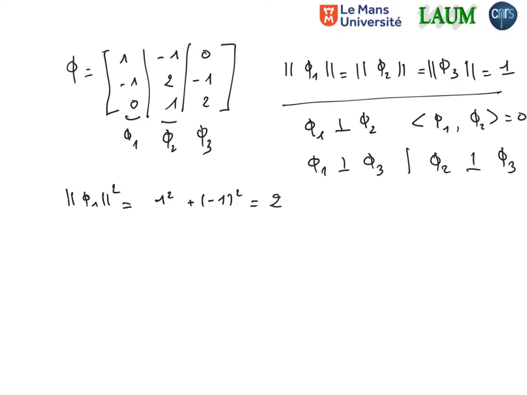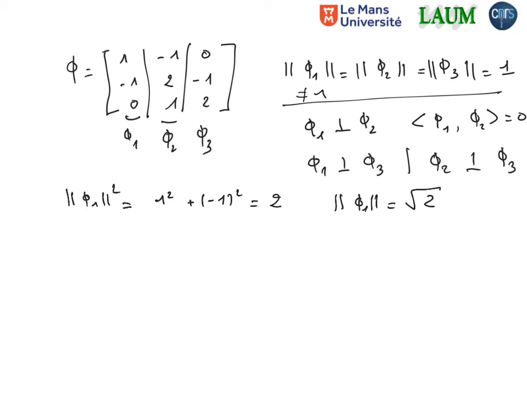Okay, so this means that phi1 is not of norm equal to 1, because the norm of phi1 is equal to the square root of 2. So this norm of phi1 is different from 1. So even if all the other properties are correct, the fact that the norm of phi1 is different from 1 makes the matrix not orthogonal.